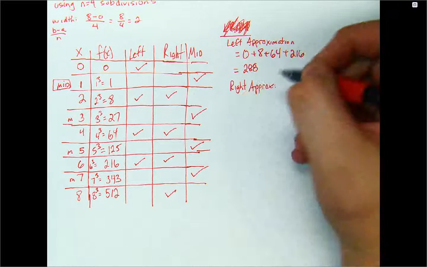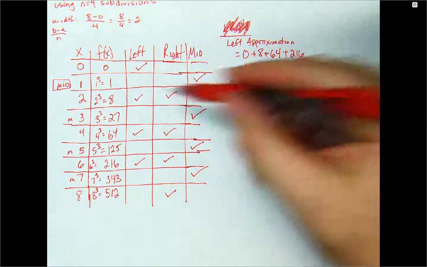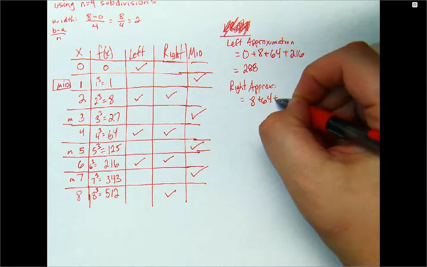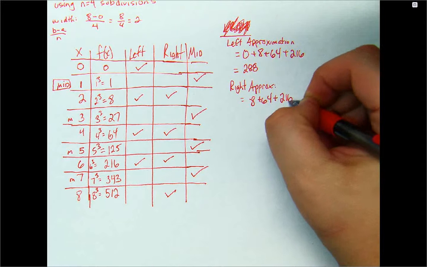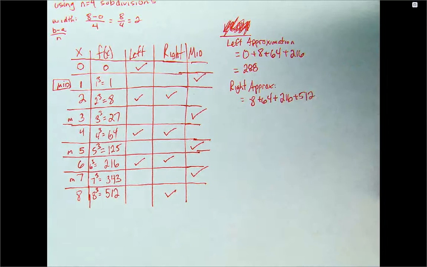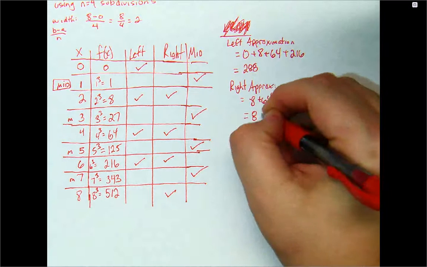Now with the right approximation, it's going to be 8 plus 64 plus 216 plus 512. So 8 plus 64 plus 216 plus 512, and that's equal to 800.